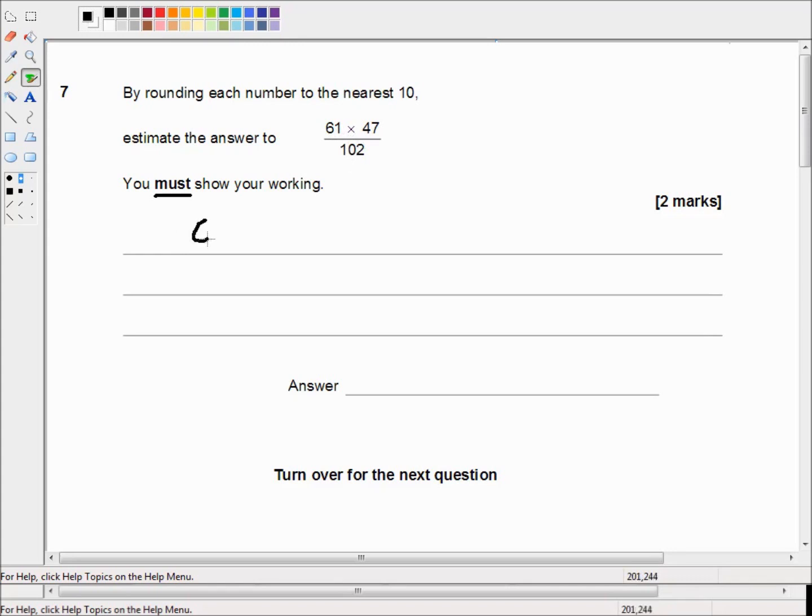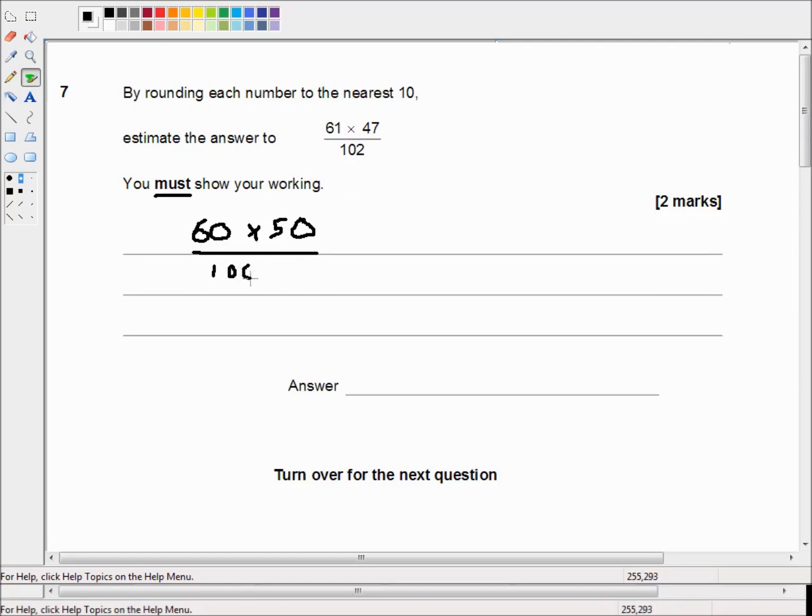So that's 60, because 61 is smaller than 65, so it rounds down to 60, times 47. Now 47 is bigger than 45, so it rounds up to 50. And that's all divided by 102 is less than 105, so it rounds down to 100.